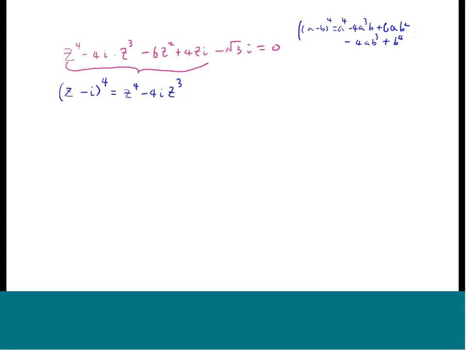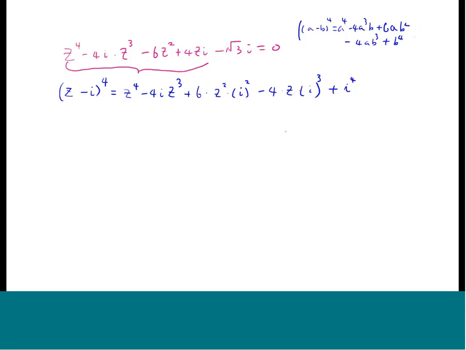So then you plus 6 times z squared times i squared, then minus 4 times z times i cubed, and plus i to the 4, which is 1 actually.